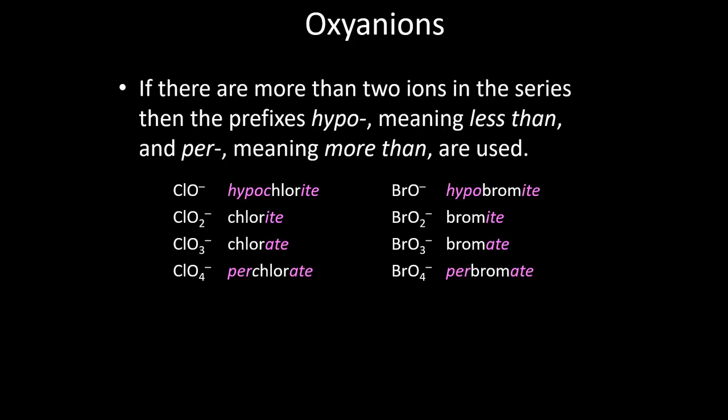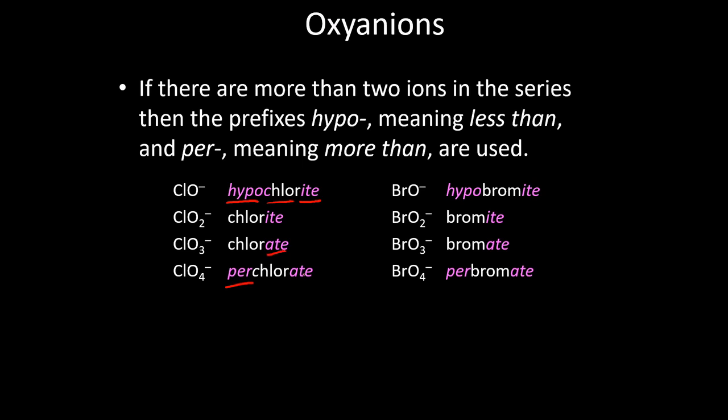For the longer series, like the chlorine series, where there's more than just 2, we still keep the ate and the ite. So ate indicates that you have more oxygens, ite represents that you have fewer oxygens, but we're going to add on a prefix so that the one with the absolute highest number of oxygens is now per, and since this is chlorine, it will be perchlorate, and the one with the absolute least number is hypochlorite.